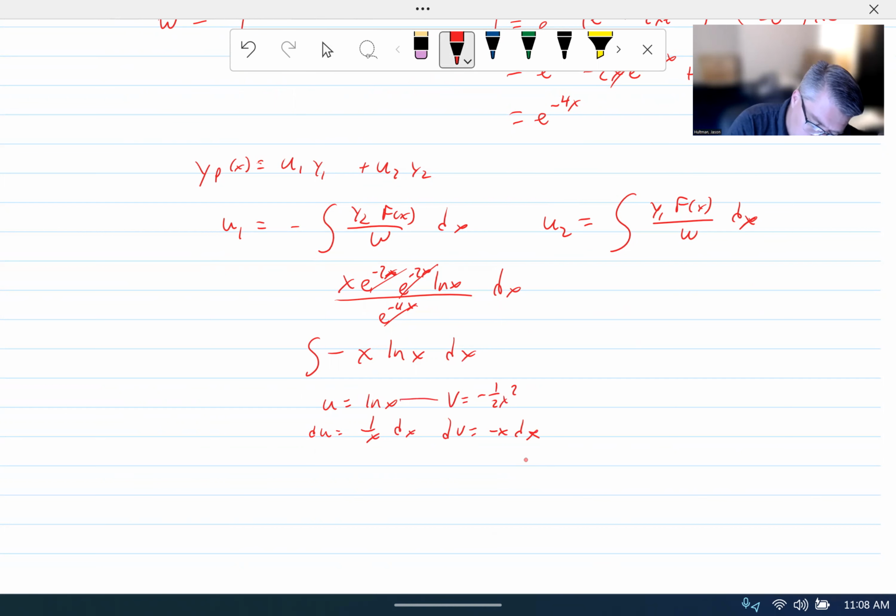Okay, so v du is just going to become negative 1/2 x squared natural log x minus the integral of negative 1/2 x squared divided by x, which is just x dx.